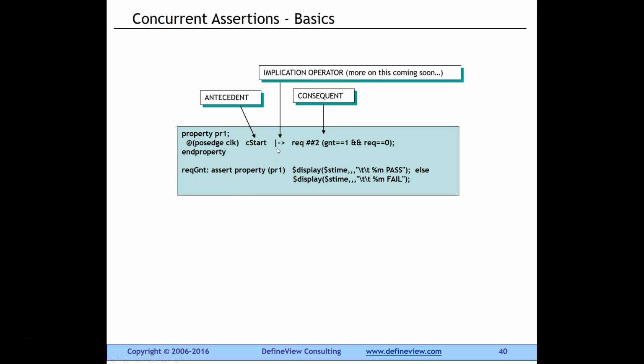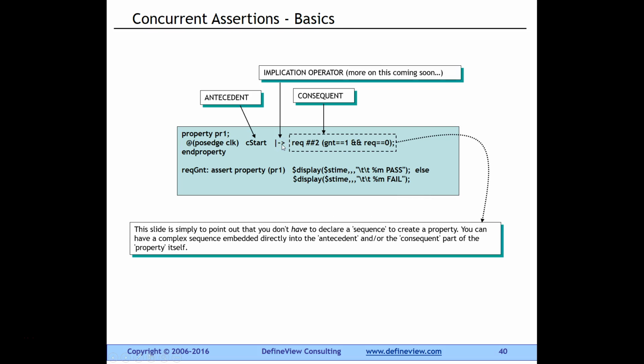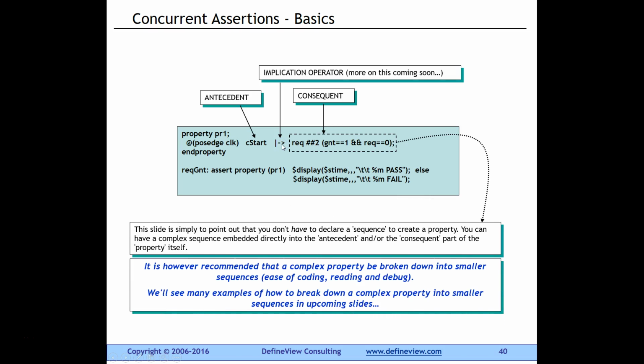What I'm trying to point out is that you don't have to have a sequence in the design of your assertions. You don't have to have it. You can take that entire Boolean expression and put that directly into the property. If it is a simple expression, then it's okay for you to do this. But I highly recommend that a complex property should be broken down into smaller sequences.